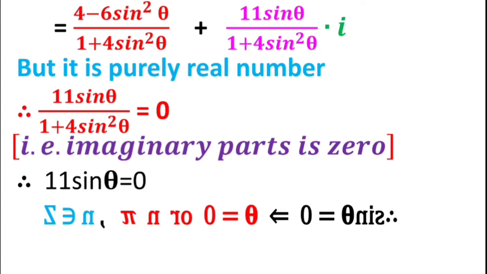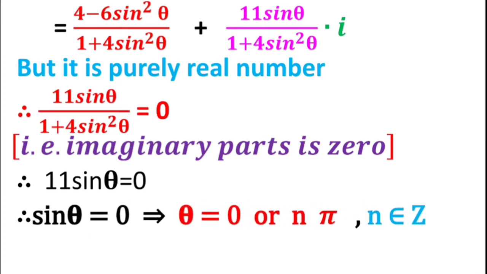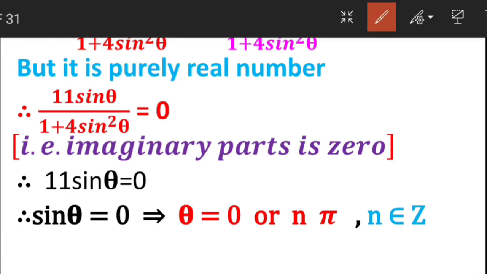Because the sine value lies on the y-axis, and sin theta is always 0 on the x-axis, meaning there is no rotation. When theta is 0 degree, the angle lies on the x-axis.